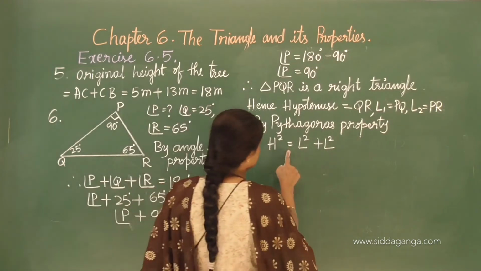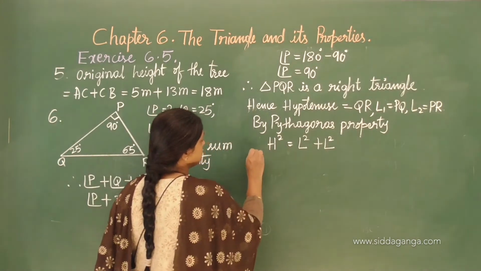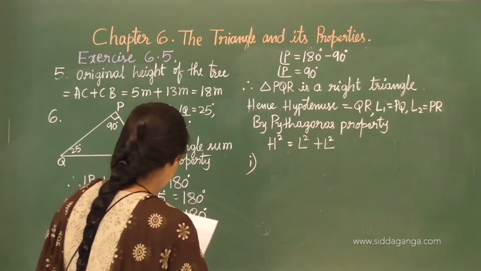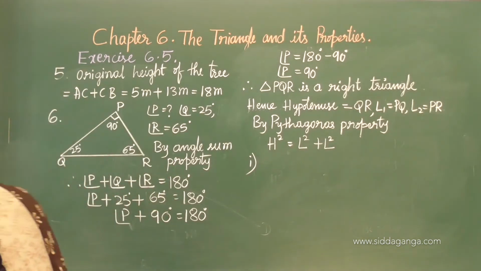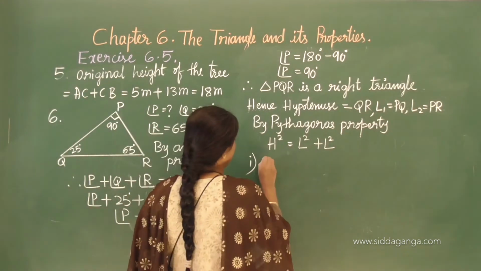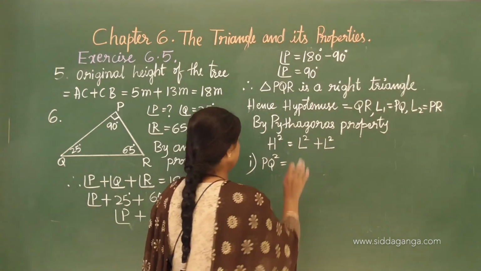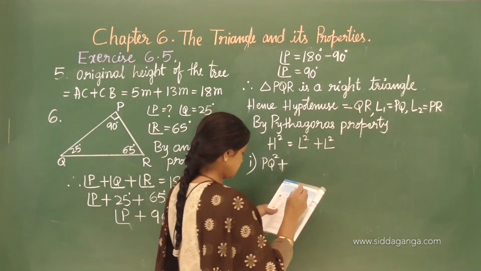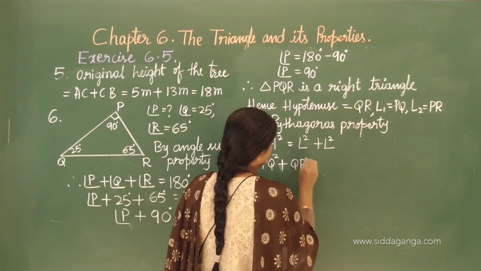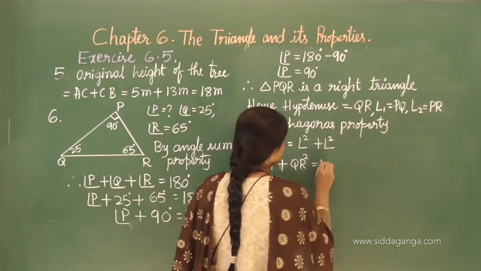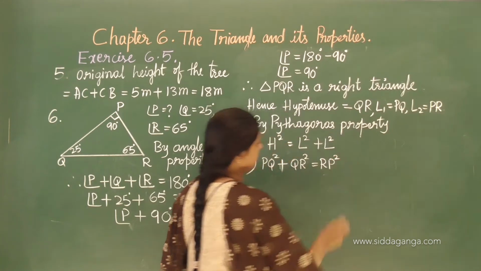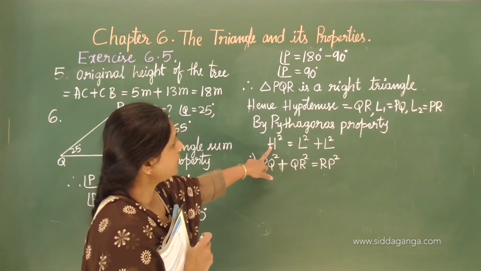By using this, the first one given is PQ square plus QR square is equal to RP square. Which is the hypotenuse here?